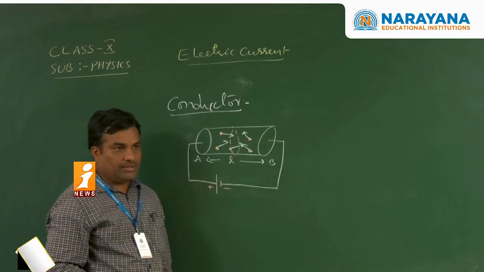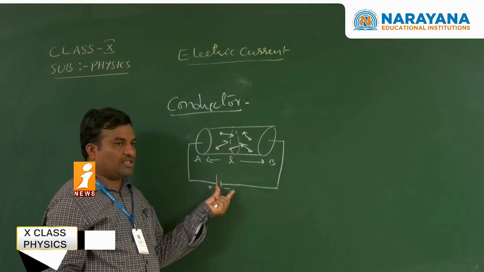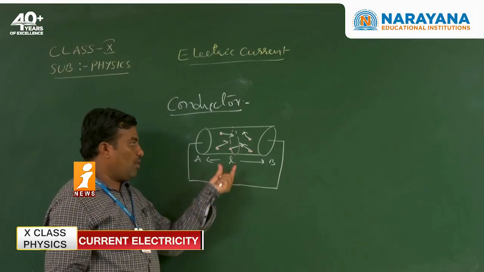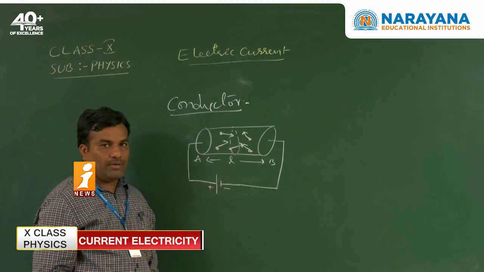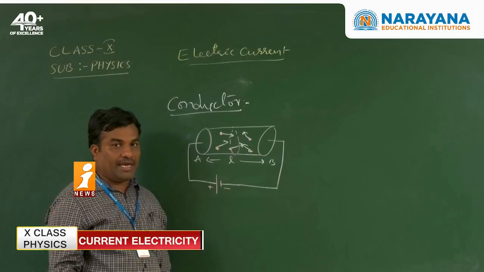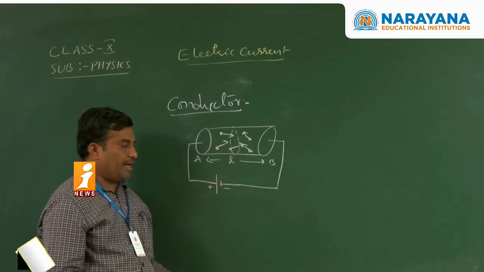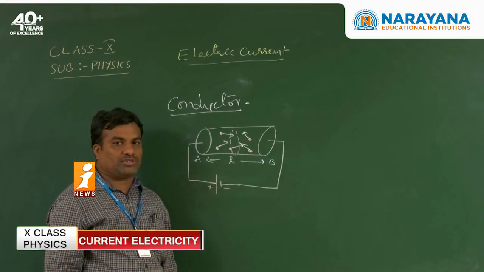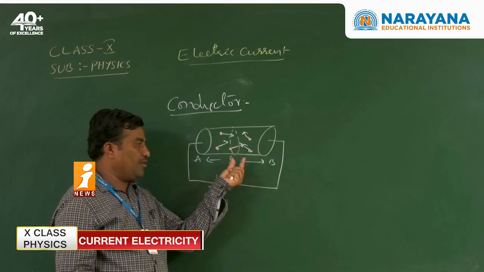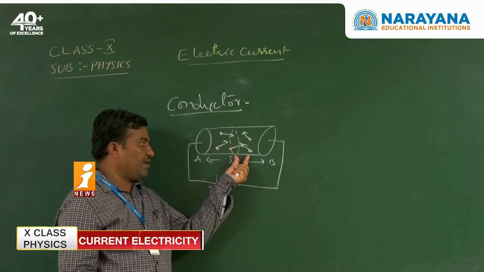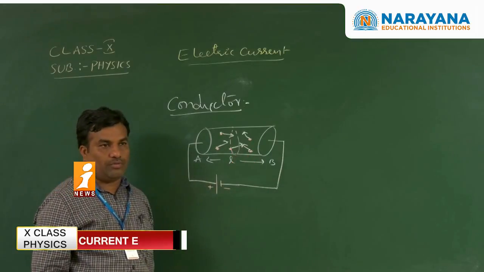Without the battery connection, the electrons move freely, randomly, in any direction. We already observed left to right and right to left. The net charge traveling through any cross-sectional area of the conductor is 0.